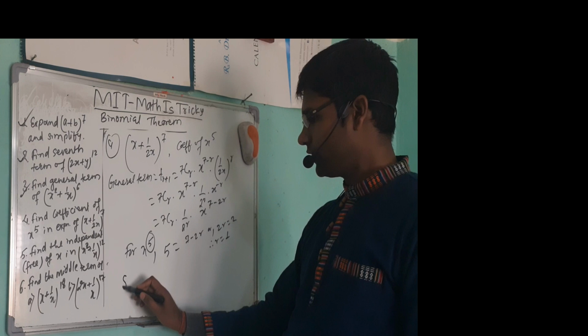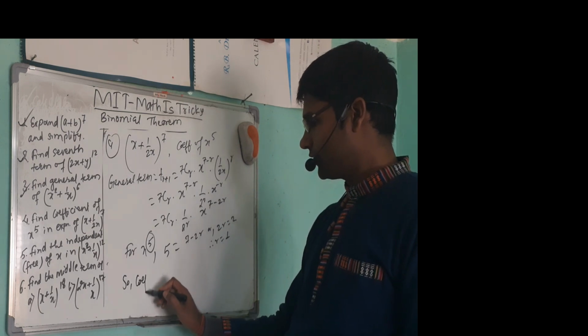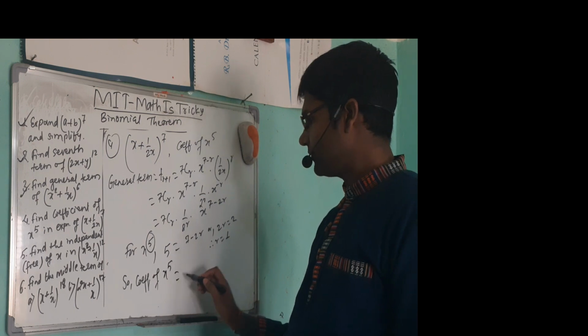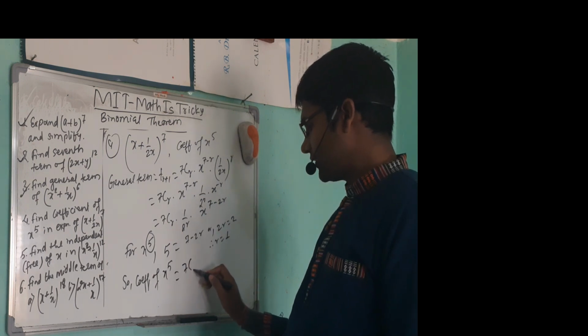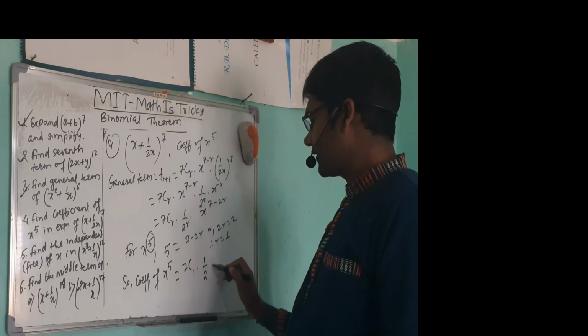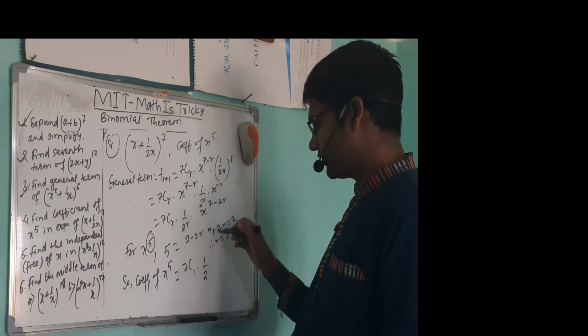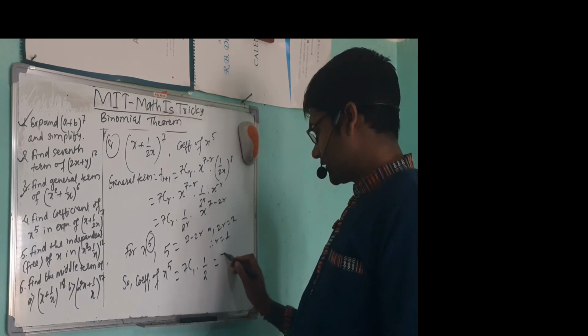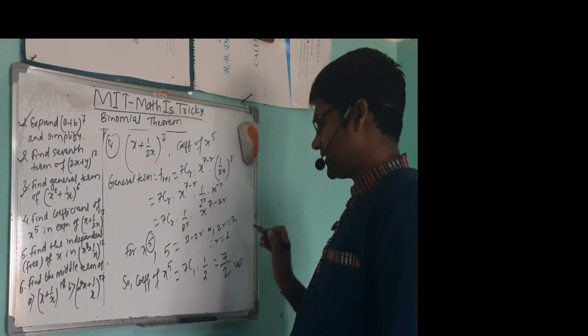So the coefficient of x^5 will be simply C(7,1) times 1 by 2, and this will be 7 if you put 1, so 7 by 2 is your answer.